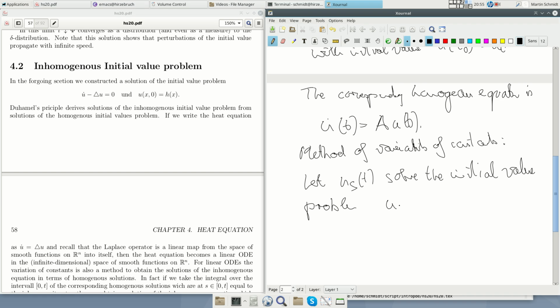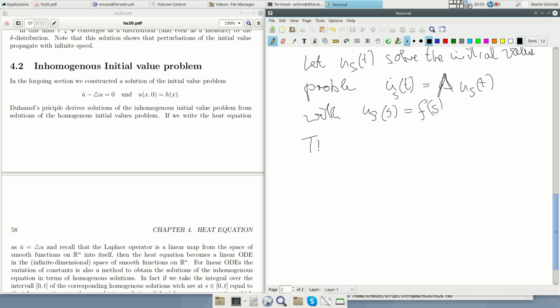So homogeneous: u_s dot of t is equal A times u_s of t with initial value u_s of s is equal to f of s. So we use the inhomogeneity as an initial value.